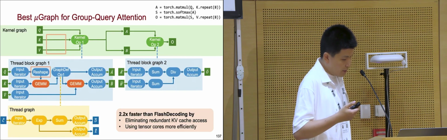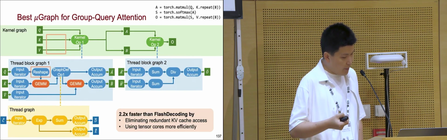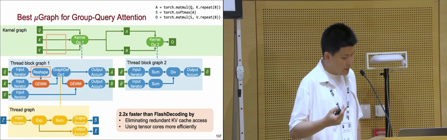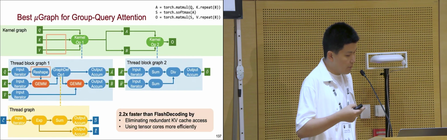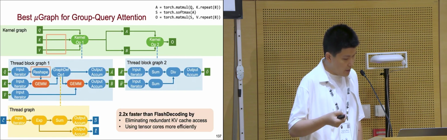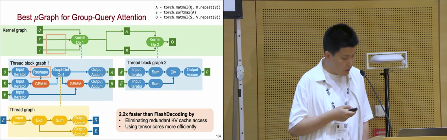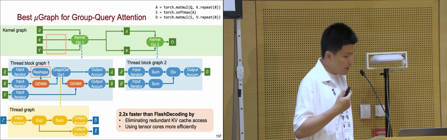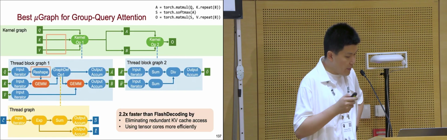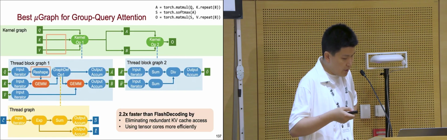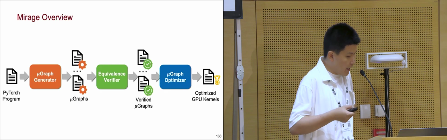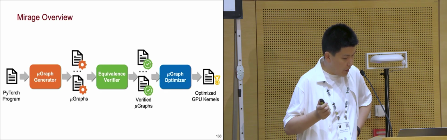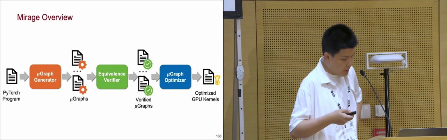These kernels are designed by GPU experts, but here we show how we can represent this Flash decoding in a mu graph. Here we organize the attention computation into 2 kernels, as shown in the 2 thread block graphs, and it will decompose softmax into element-wise exponentiation, summation, and element-wise division, which are highlighted in the orange circle in this figure.